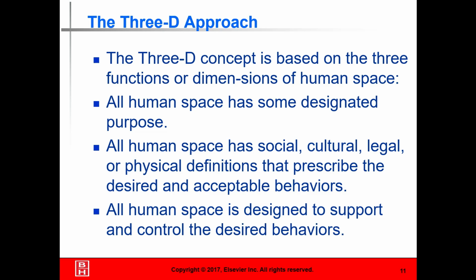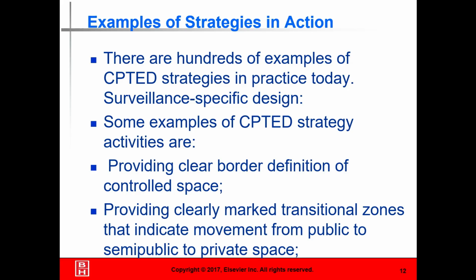Some examples of the strategy that we want. Provide a clear border definition of controlled space. Provide clearly marked transitional zones that indicate movement where people shouldn't be. Think of an airport. Certain areas we can go to, certain areas we can't, same type of thing.